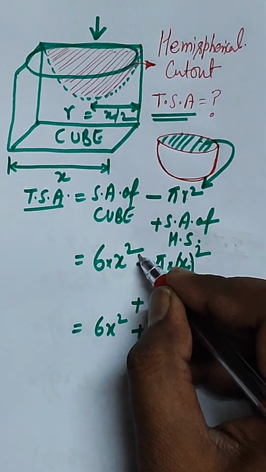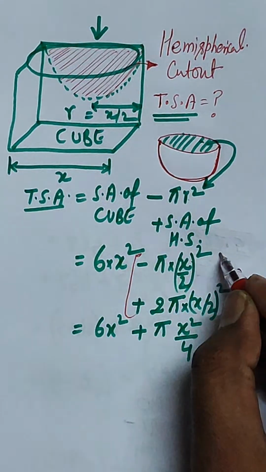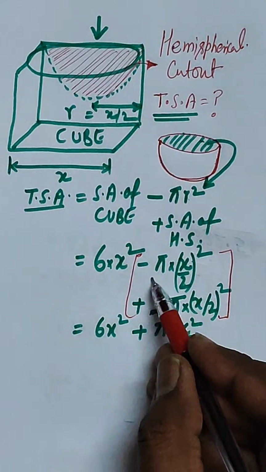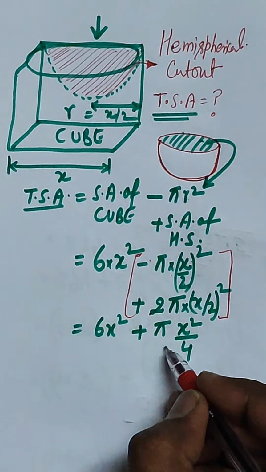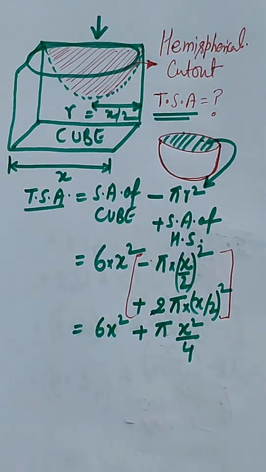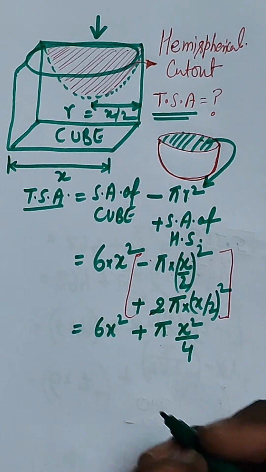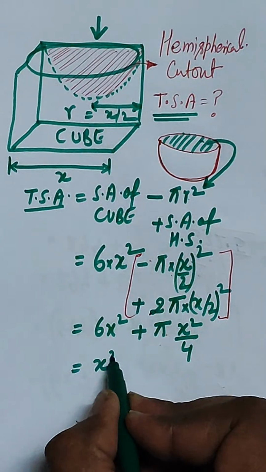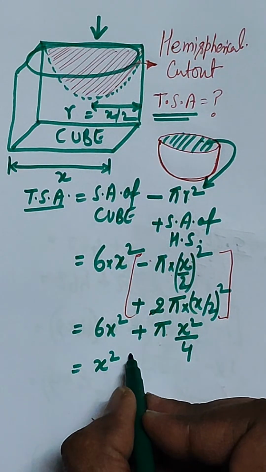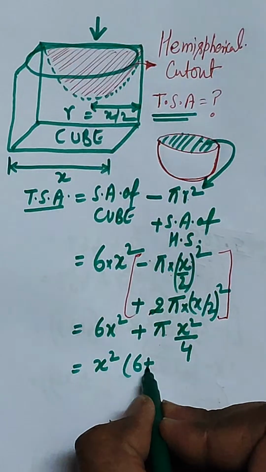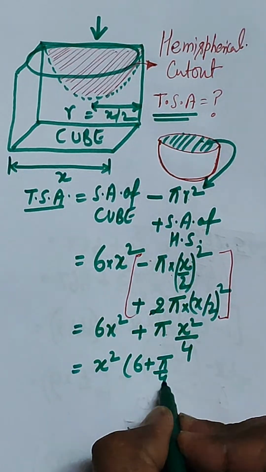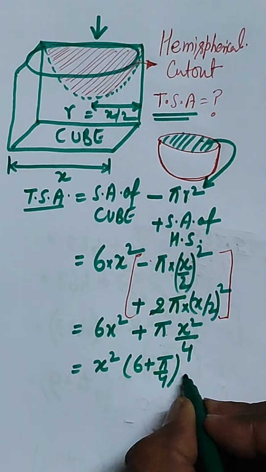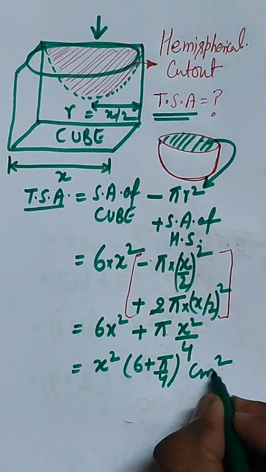You understand it, right? For these two, you can see 2 times pi r square minus pi r square, so 2 minus 1 is 1. That's why only 1 pi r square is considered over here. And we get our answer, when x square is taken as common, as 6 plus pi by 4, times x square.